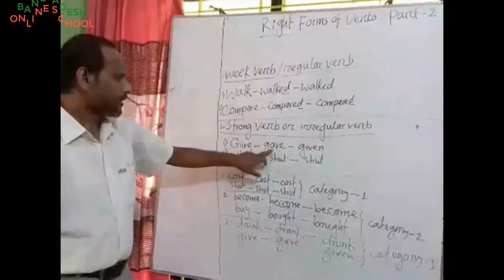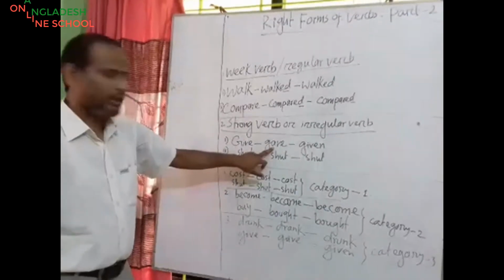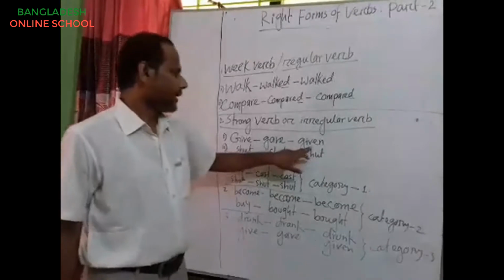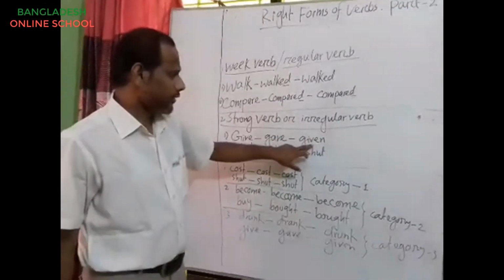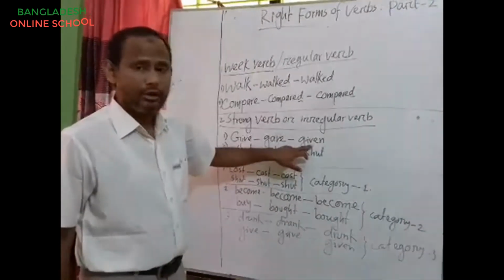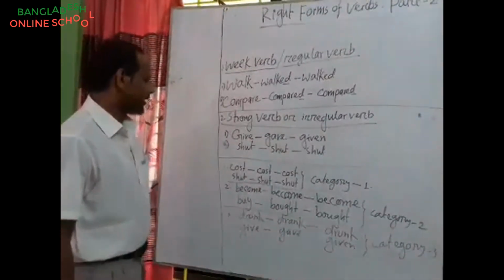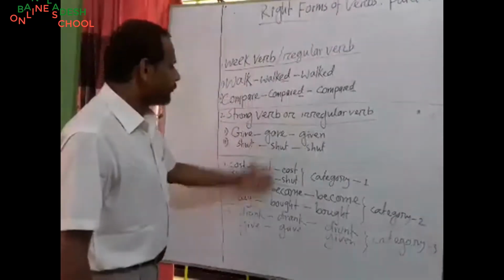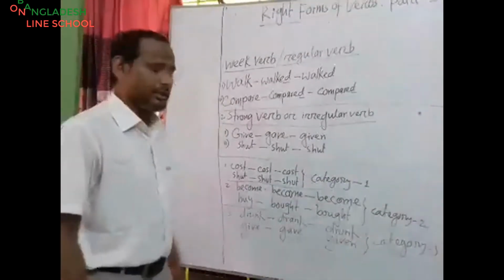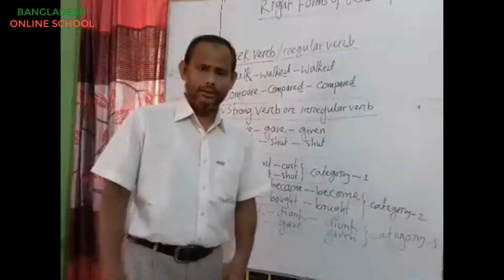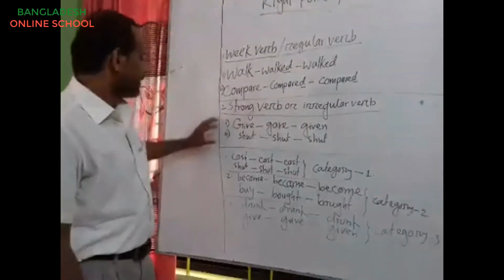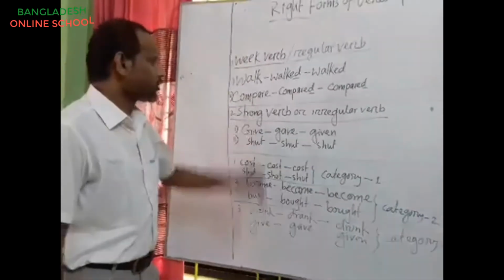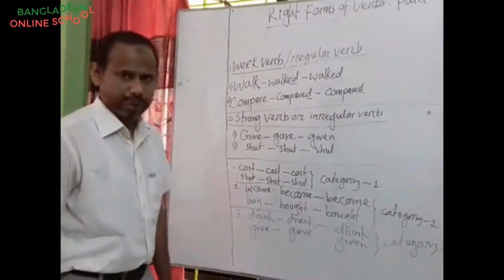To form past form, d or ed are not used, and in the past participle form there is no d or ed. Likewise, in the second example, shot, to form past form or past participle form, there is no use of d or ed. That is why this form of verbs are called strong verb or irregular verb.